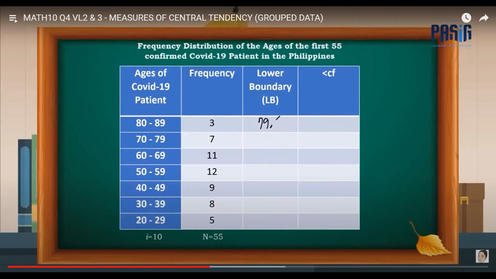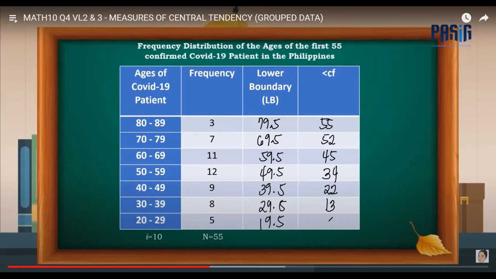This is 79.5, 69.5, 59.5, 49.5, 39.5, 29.5, and we have 19.5. This is 55, 52, then 45, 34, 22, then minus 9, this is 13, and we have 5. Okay? So yan po, yung values na meron tayo kanina.